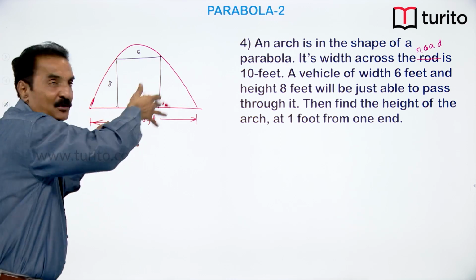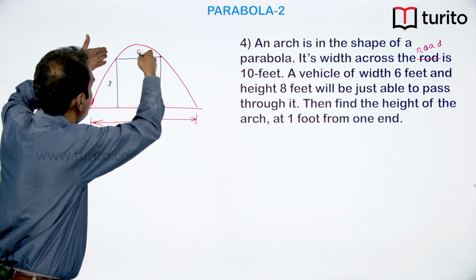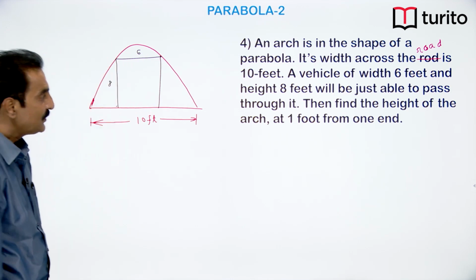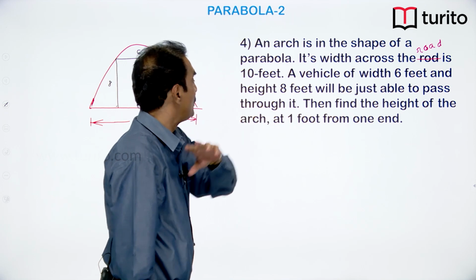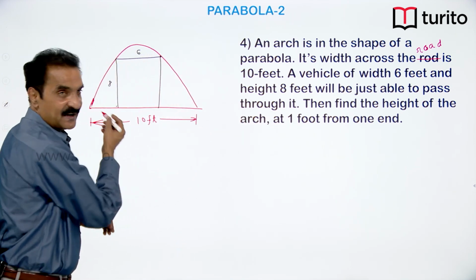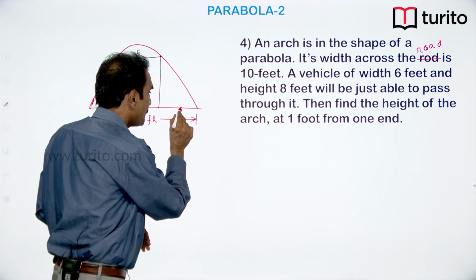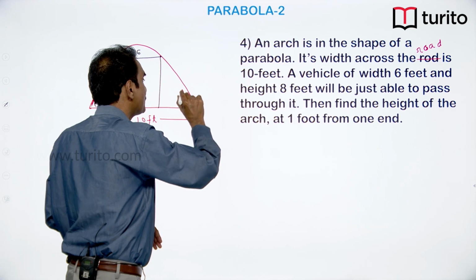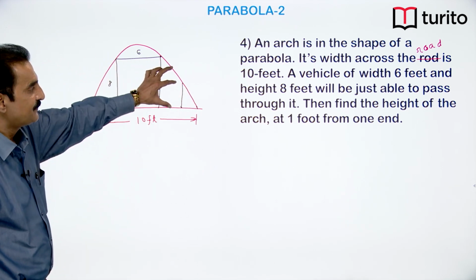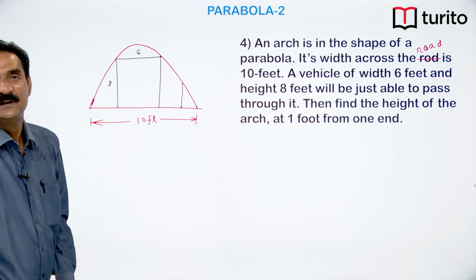It will be just able to pass through it, means this corner and this corner will just touch the parabola. Then what do you want? Find the height of the arch at 1 foot from one end. Let us take this point at a distance of 1 foot from one end. We want the height of the arch, this height, this is the required height.